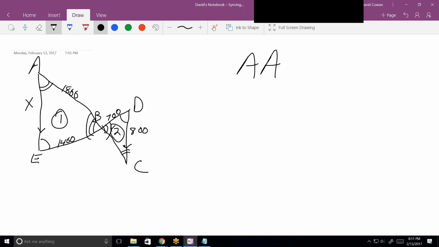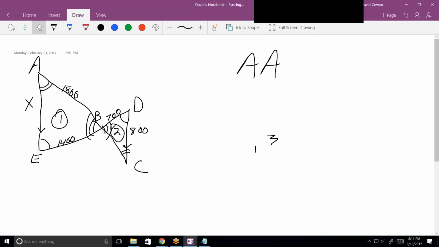We didn't have to actually know that AE and DC were parallel. But once they told us that E was equal to D, we know that angle ABE is equal to angle DBC. Anytime you have two lines that cross, angle 1 is equal to angle 2, and angle 3 is equal to angle 4, based on vertical angles.